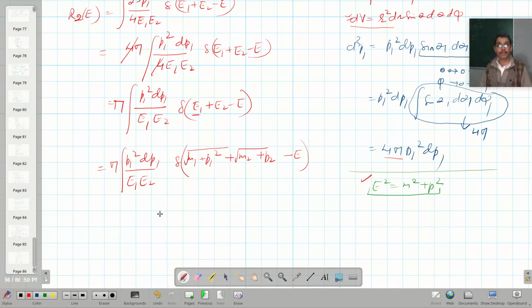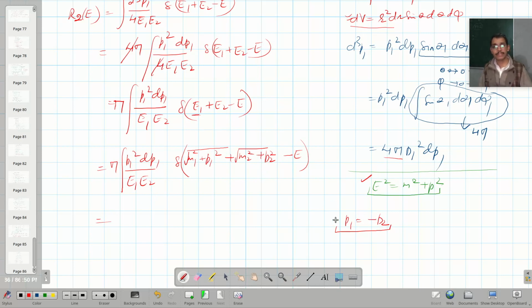But sorry, it's squared also. But as we know, p1 is equal to minus p2, equal and opposite. If I put it here, then p2 square can be written as p1 square.